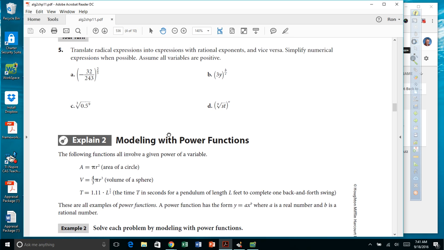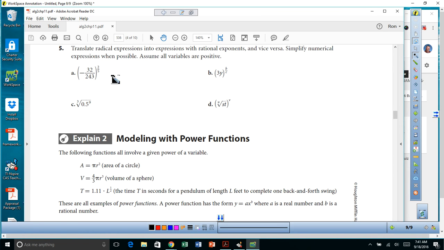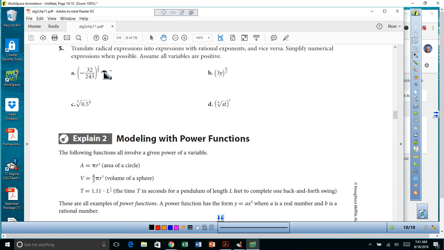Now let's play with a few of these. We're going to translate some. So let's rewrite this: negative 32 over 243, and what's our n going to be?